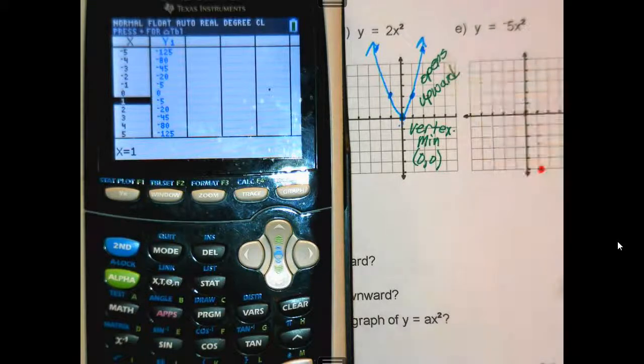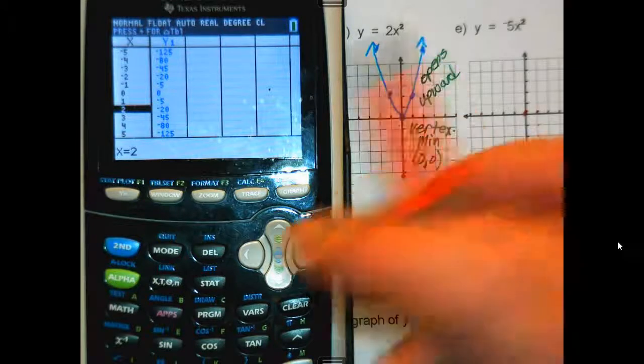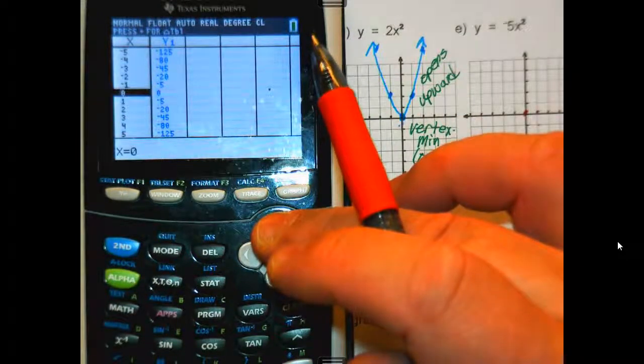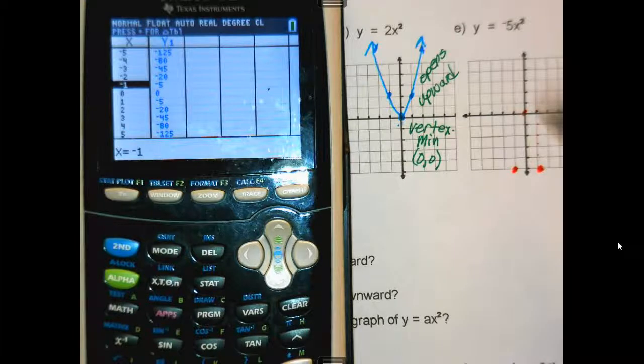And negative 20, I'm not even going to put on there. 2, negative 20, it's just way off. So I'm only going to have 3 points this time. Negative 1, negative 5. So here's the left side of my parabola, here's the right side of my parabola.